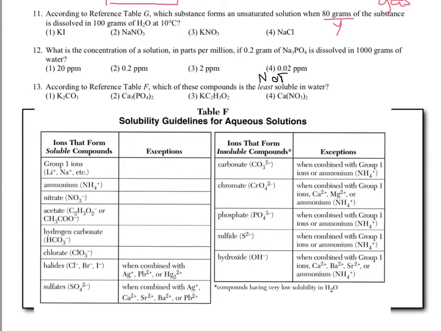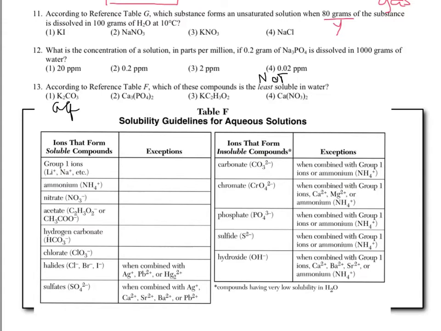In the first example, we have potassium carbonate. And we'll find that potassium is group 1. And group 1 is always soluble. There are no exceptions. So this is an aqueous substance. Next, we have calcium phosphate.